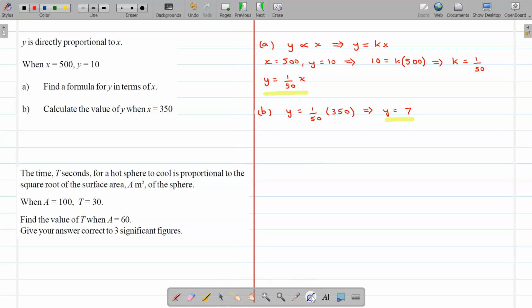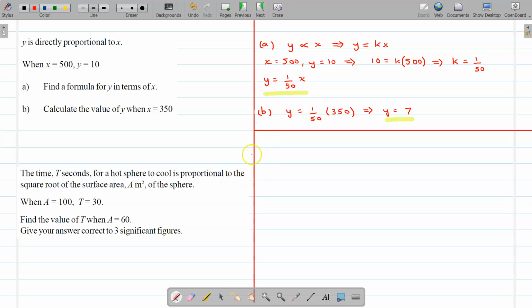Okay, now in the second question, we have direct proportion again, but this time it involves a square root of something. So we have this hot sphere is cooling, and the time it takes is proportional to the square root of the surface area.